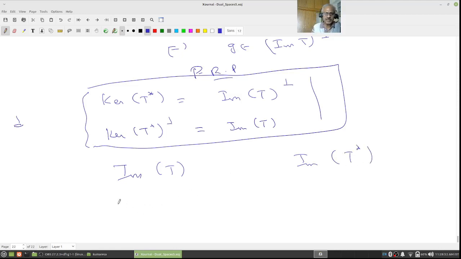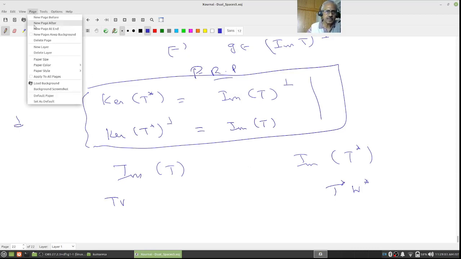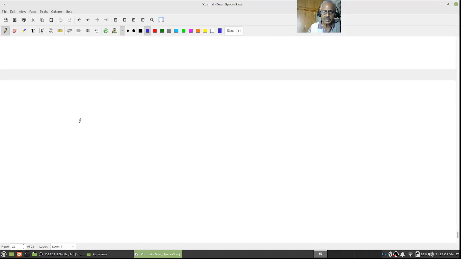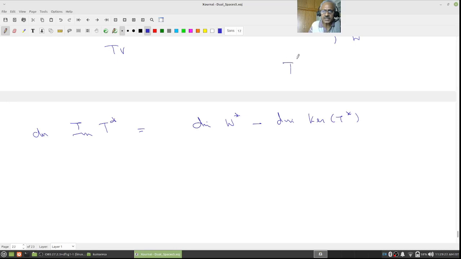What is image of T? This is TV. This is T star of W star. Now we want to say something about them. So let us look at image of T star. So dimension of image of T star is equal to dimension of W star minus dimension of kernel of T star, because T star is a linear map from W star to V star, by rank nullity.